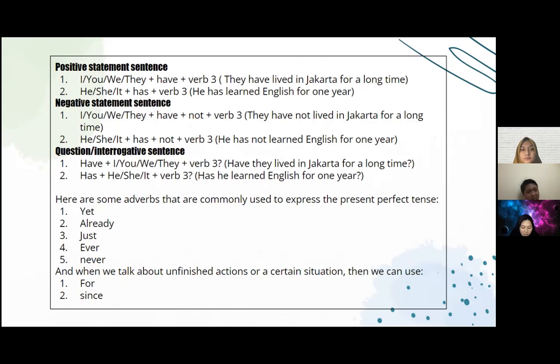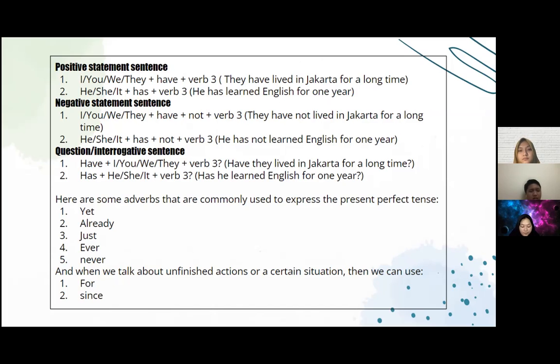The second point, negative statement sentence. Example, number one: I, you, we, they plus have plus not plus verb three. Number two: he, she, it plus has plus not plus verb three.